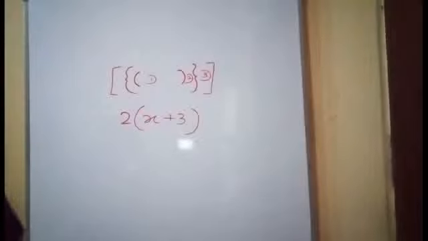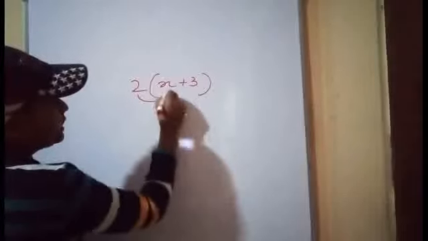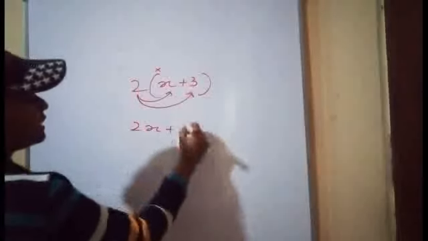Brackets mean multiplication. So 2(x plus 3) is 2x plus 2 times 3, which is 6.